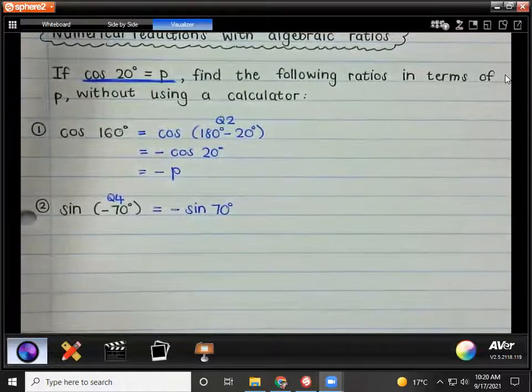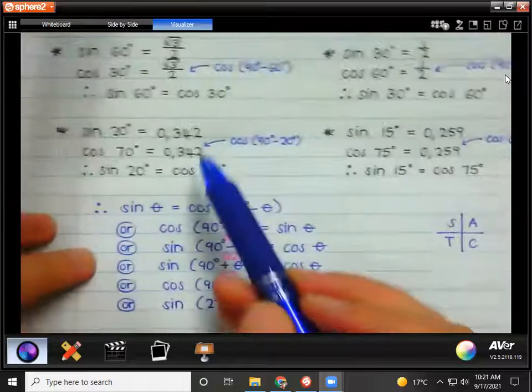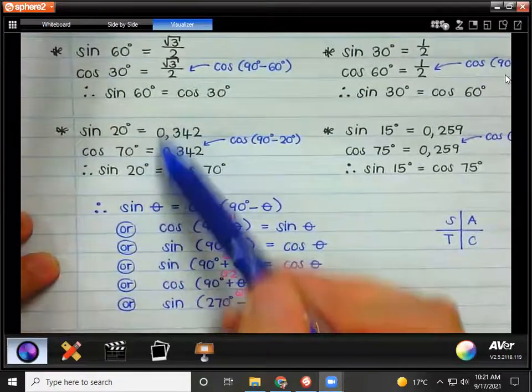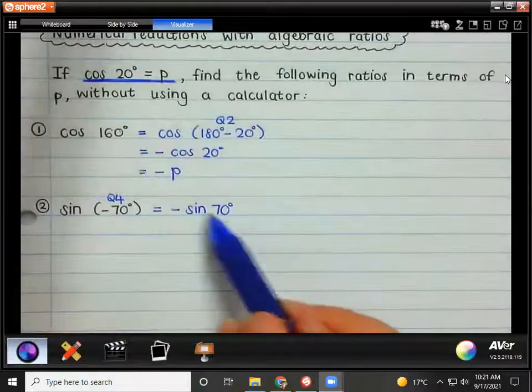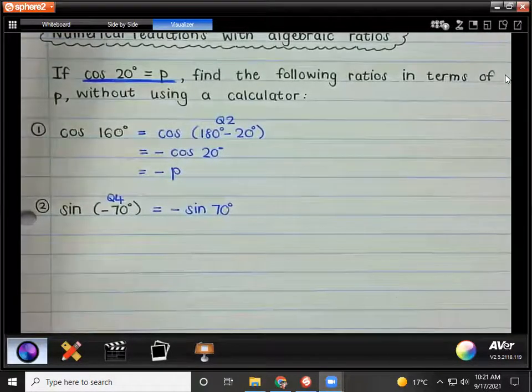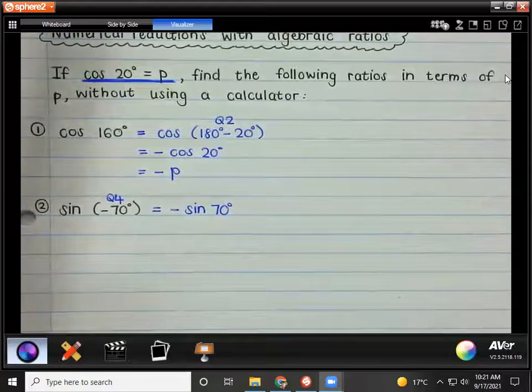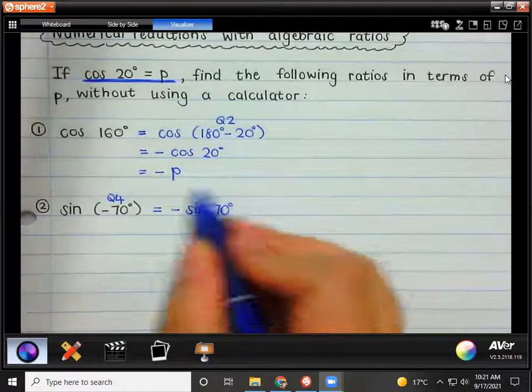But guys, this is similar to what we did previously now, Nina. We saw that sine 20 and cos 70 are equal, right? Because they're co-ratios. So this is just slightly different. Sine 70 is going to have to be equal to cos 20. Yes, P, but we have to show that first.